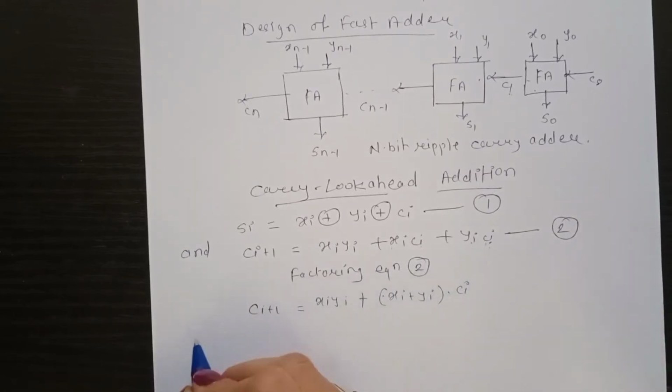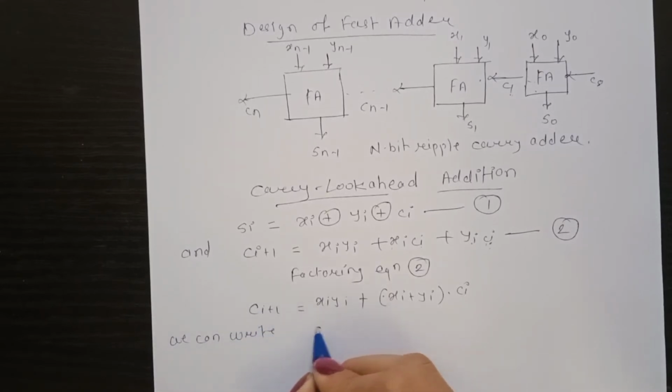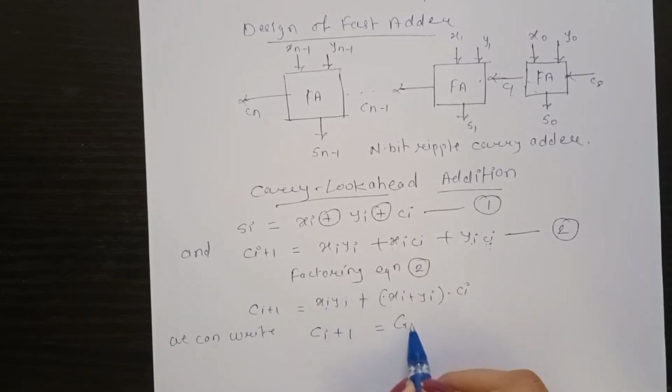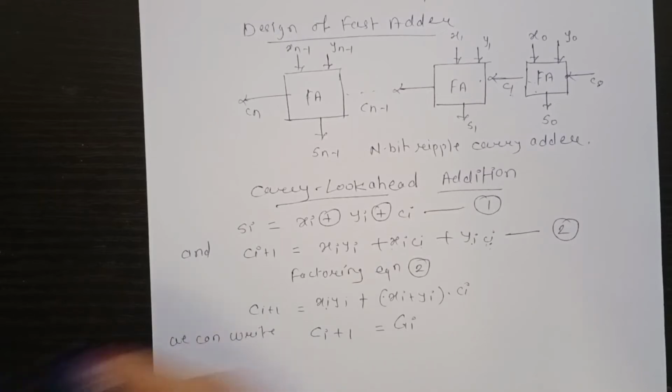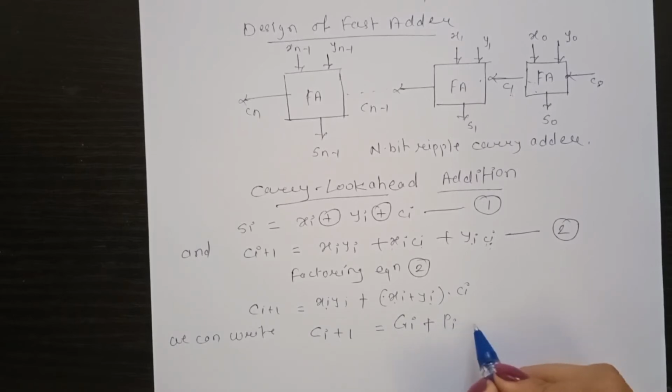So again we can write Ci plus 1 is equal to Gi plus Pi into Ci.